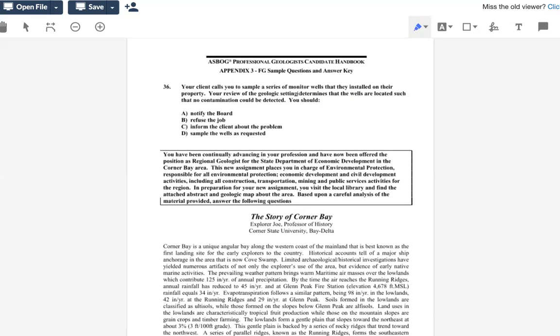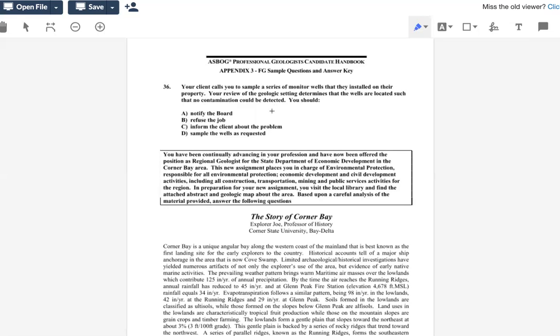So you have a responsibility to your client, and if the wells have been installed in such a way that no contamination could be detected, that leaves the possibility that there is contamination that's not being detected.